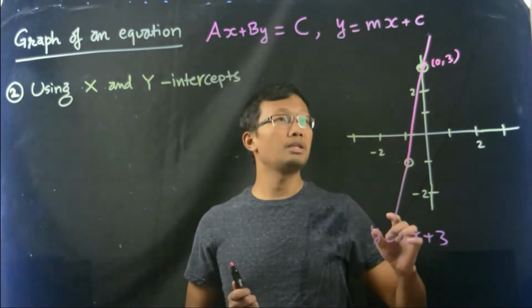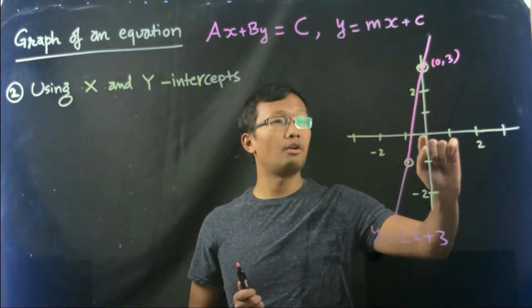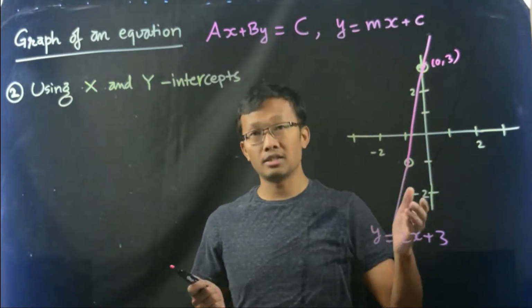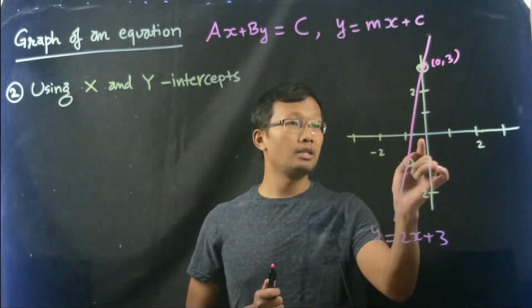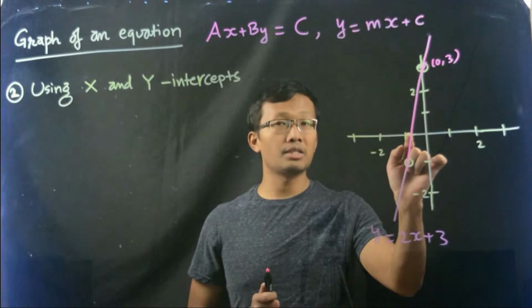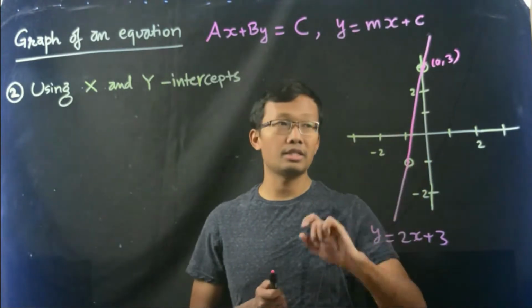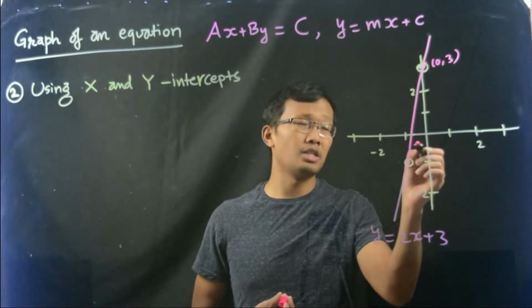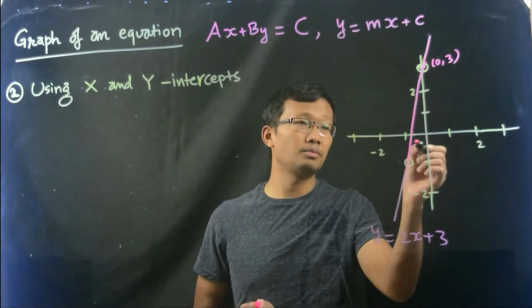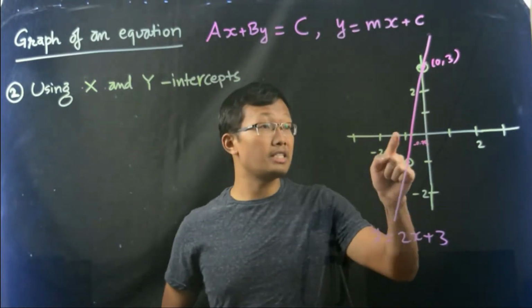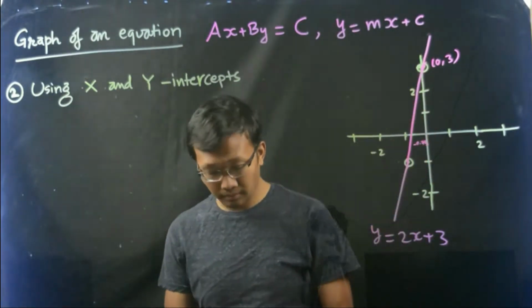But officially speaking, the distance between the origin and the point where the line meets the y-axis is known as y-intercept, and the distance between the origin and the point where the line meets the x-axis is the x-intercept. So this could be, say, negative 0.75 comma 0. So those are x-intercepts and y-intercepts.